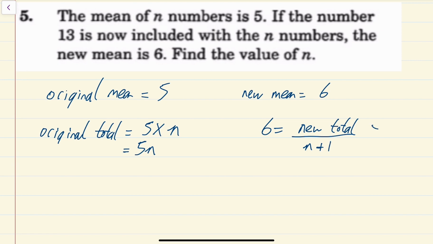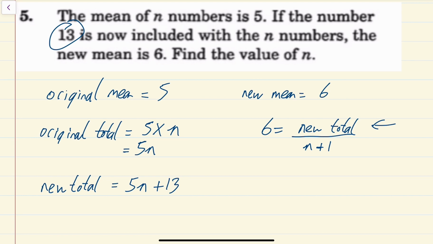If we can find the new total, we'll be able to set up an equation and find our value of n. The original total when you added up the first n numbers was 5n, and then a new number 13 is added. So my new total is going to be 5n plus 13.